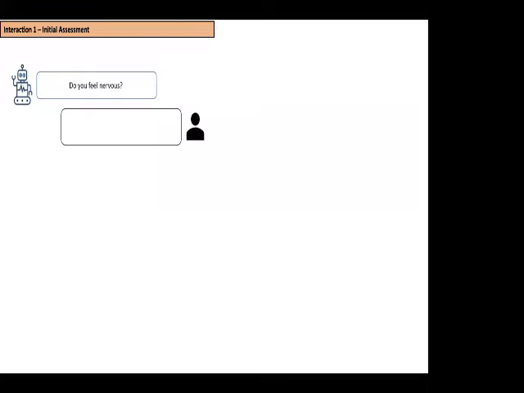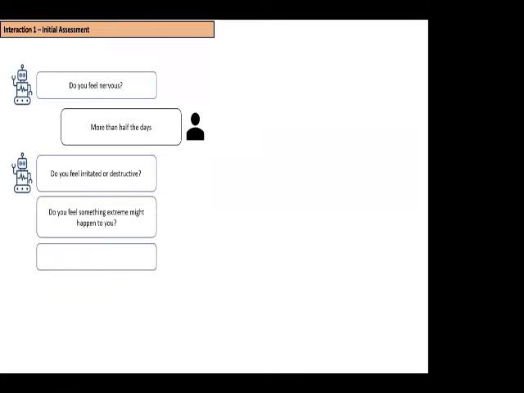Okay. So how does initial assessment happen first? Similar to when a patient first enters the clinic. So first, again, we are going to see a baseline model, which is a large language model. So the bot asks, do you feel nervous? The patient responds with more than half the days.